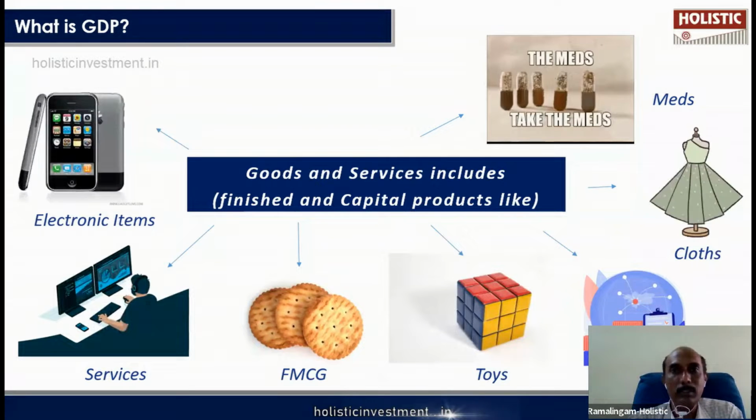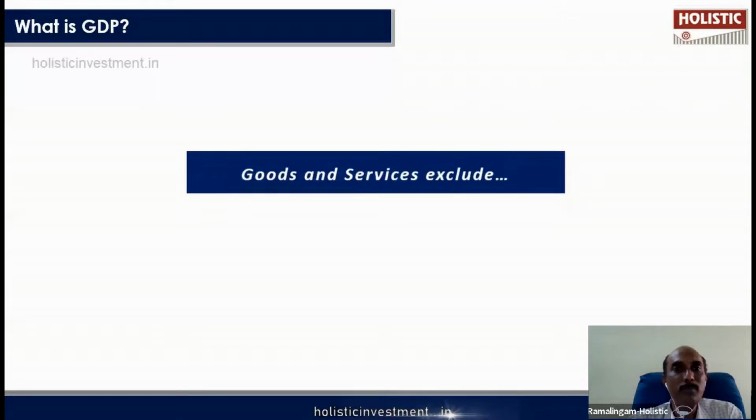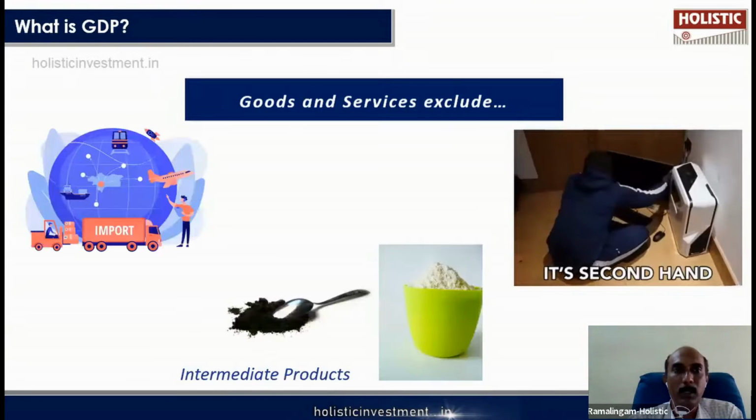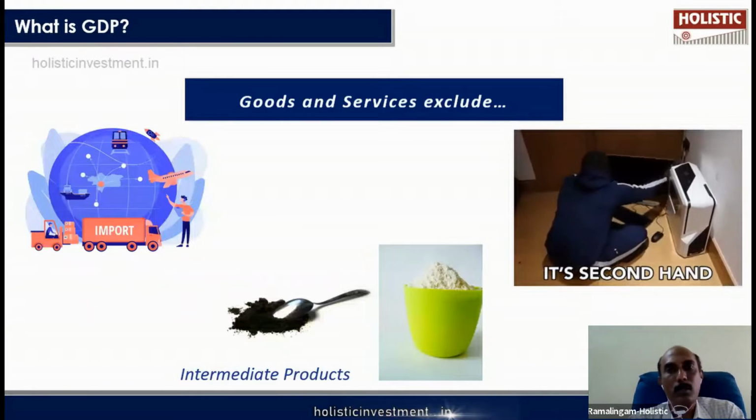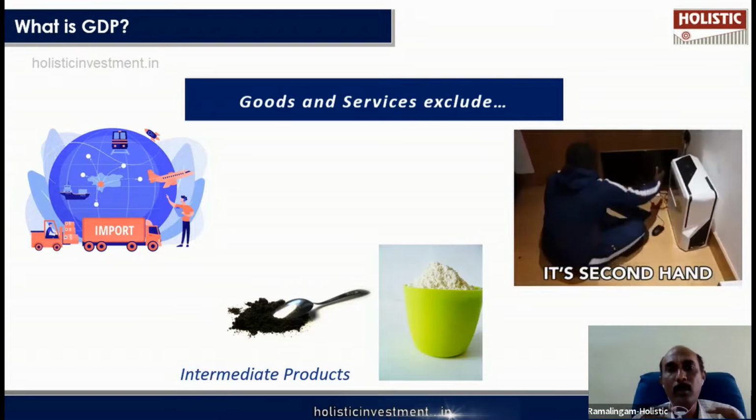In addition to this, there are some exclusions. What needs to be excluded from GDP? Imports have to be excluded, and also intermediate products have to be excluded. If a company is producing a wrapper for a chocolate, that should not be included.